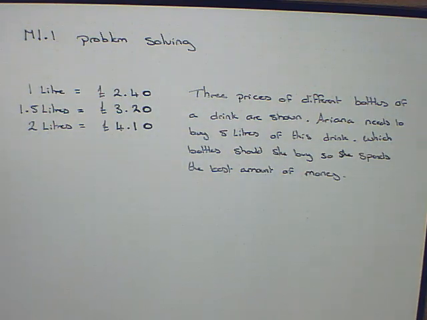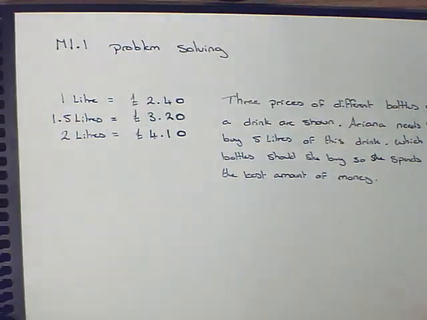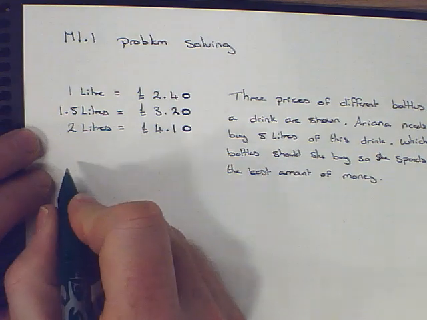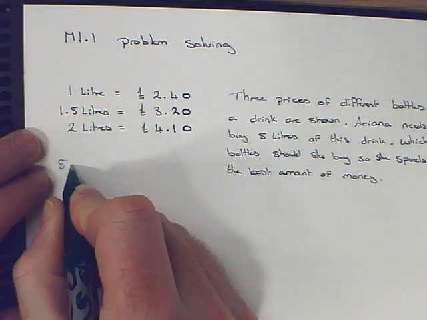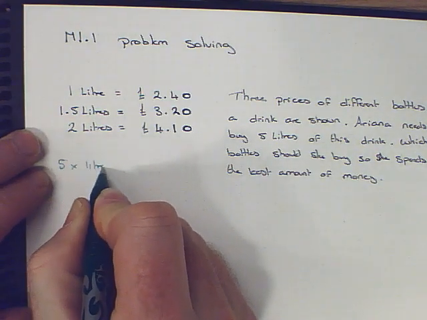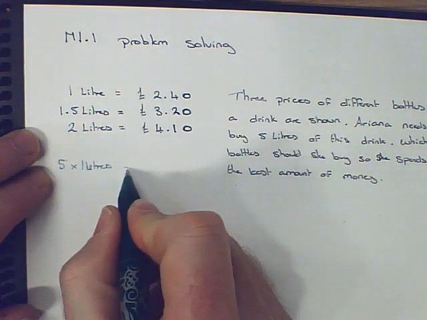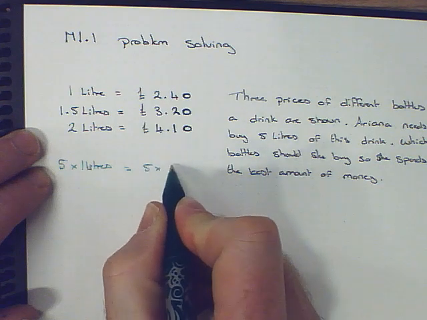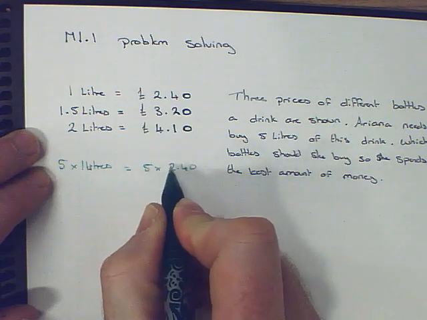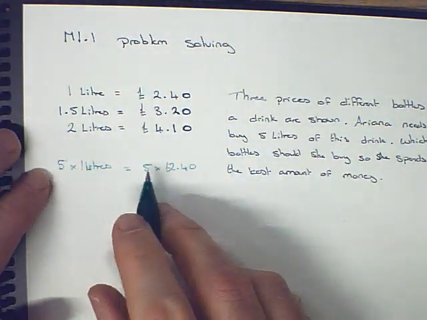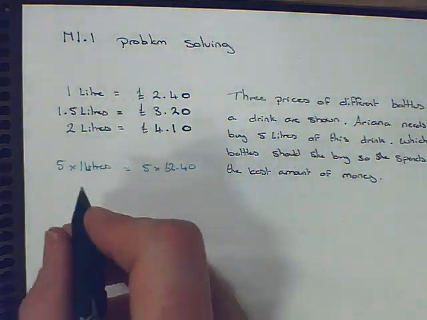There are several different ways we can think about this. We could buy 5 1-litre bottles, which would be 5 multiplied by £2.40. But that might not be the cheapest way to go about it.